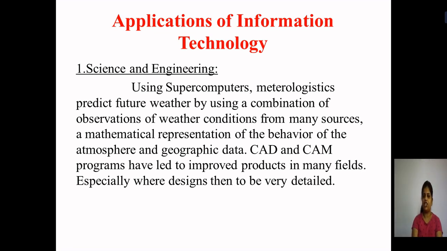The representation of your atmospheric and geographical data is also done by science and engineering.